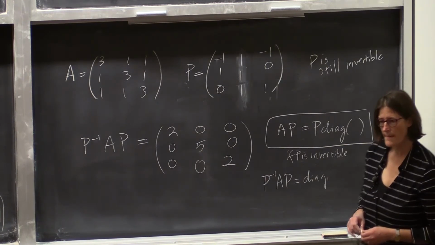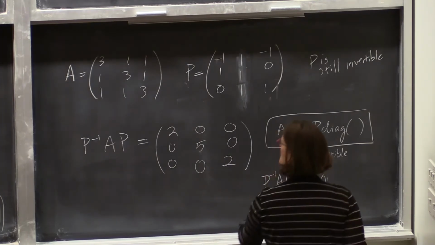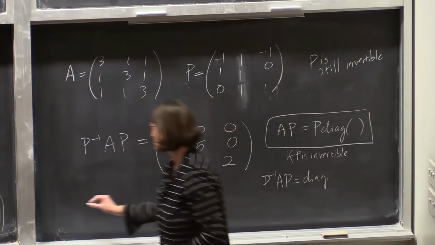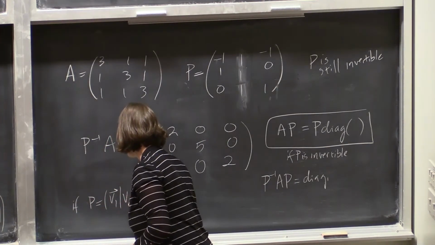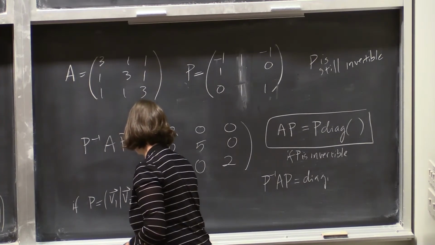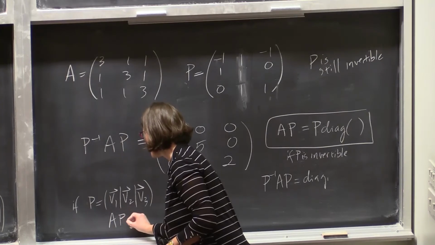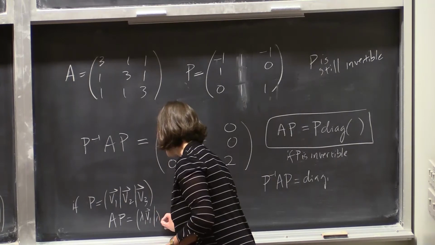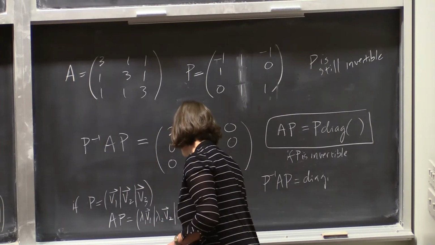All right, yes? For the diagonal matrix, why is the first column's number 2? How do you get it? Okay, so this was the calculation that A times P, if P is V1, V2, V3, where these are eigenvectors, then A times P is going to be lambda 1 V1, lambda 2 V2, lambda 3 V3.